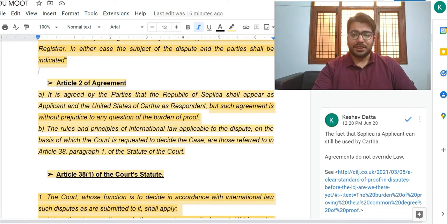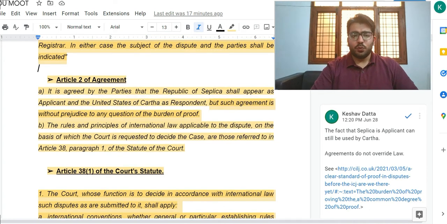But herein, since both the parties had grievances, who will become the applicant and who will become the respondent? Because at least one party has to be an applicant and one has to be respondent. So the parties decided, okay, for the purpose of this case, I will appear as an applicant and you will appear as a respondent, but that will have no prejudice as to the burden of proof, right?